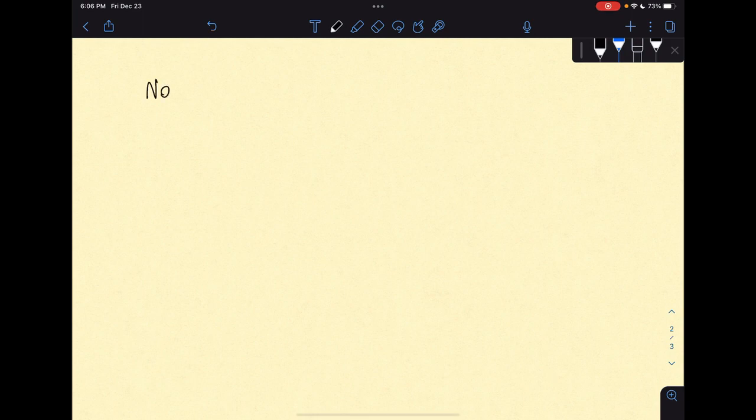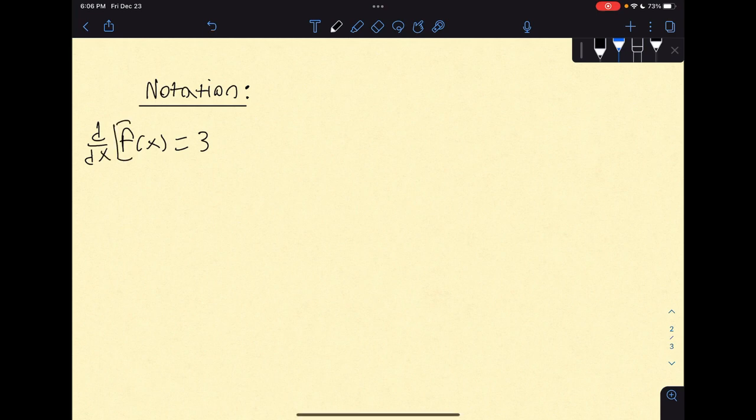Notation. Don't be confused by notation. So let's say we have f of x equals 3, and we derive it. You guys know this already, that we get f prime of x equals 0, right? Well, there's other ways you can represent this.